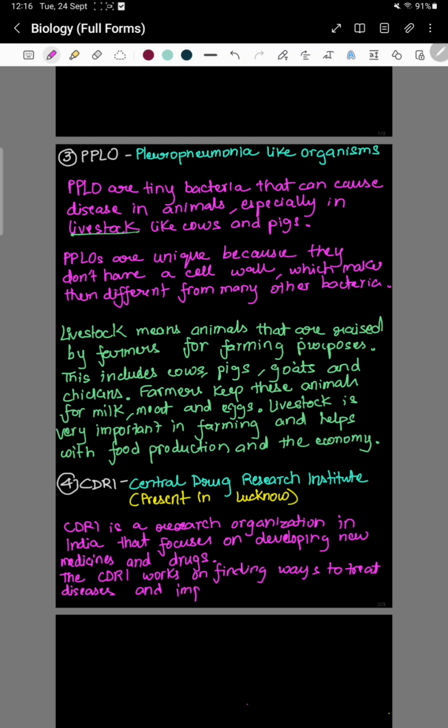Clear? It's a research institute, okay? And the CDRI works in finding ways to treat diseases and also for improving health. So scientists at CDRI study different substances to see how they can be used to create effective medicines.